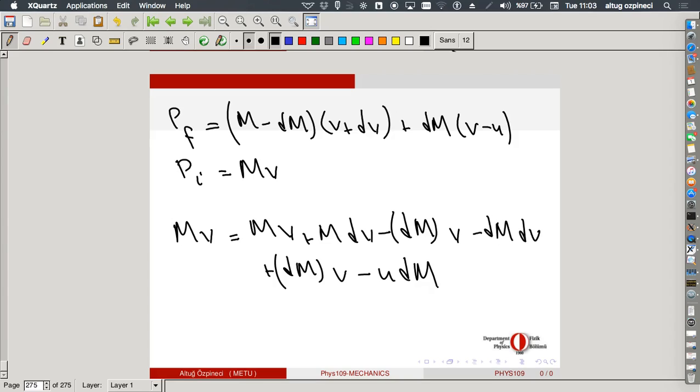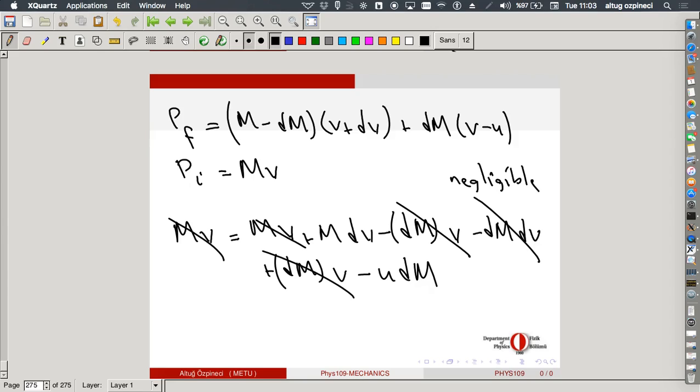So I have this equality. These cancel. I have dm times v. These cancel. This is negligible. Remember, eventually I will be taking the time to go to 0. I'm just looking at one time, and I'm just looking at the same system at right the next time.